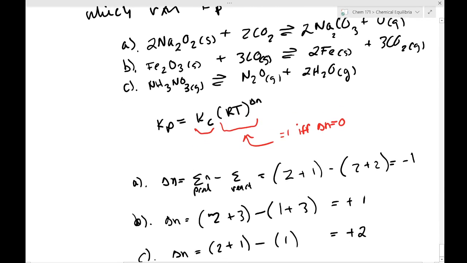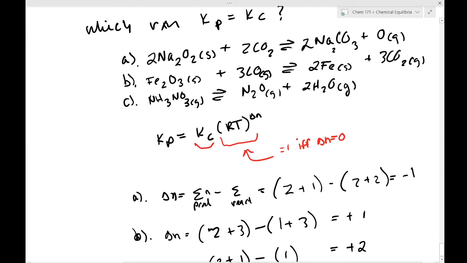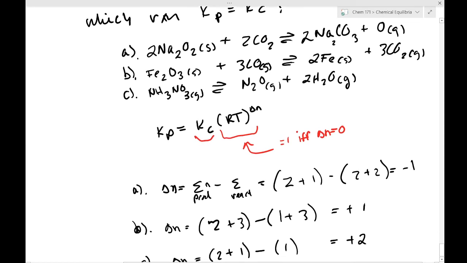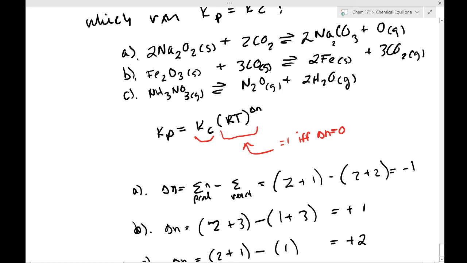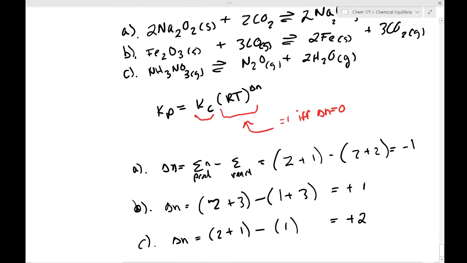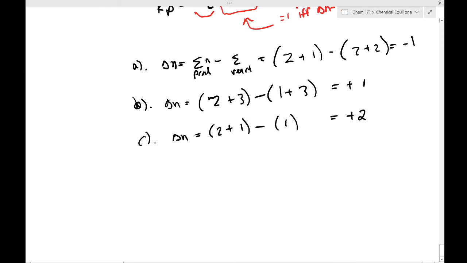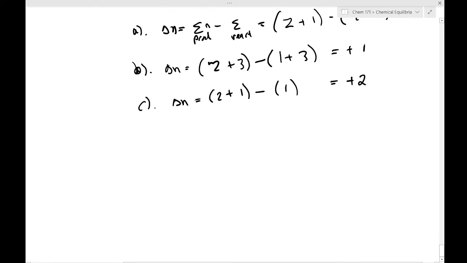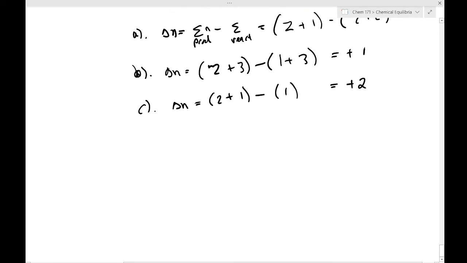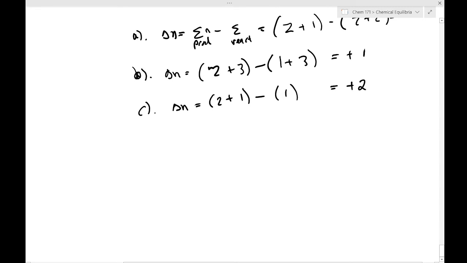The only way you can get Kp equal to Kc is if you have a delta N that is equal to 0. So in all three of these cases, Kp does not equal Kc. And there are some examples in the book. Basically, anytime you have a reaction that has the same number of moles in as the same number of moles out, you have Kp equal to Kc.